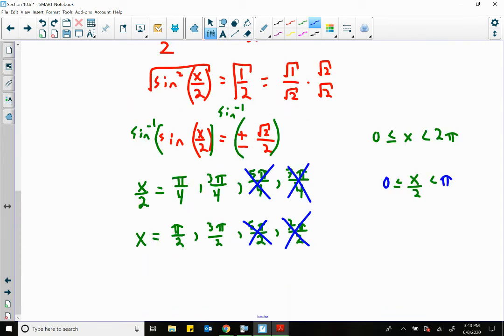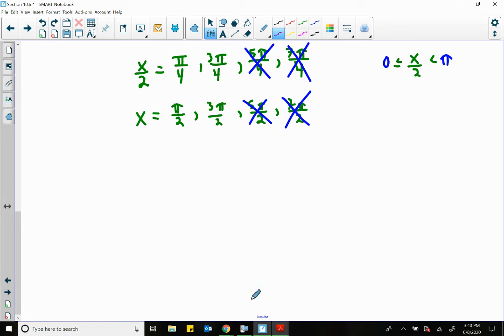So we do need to check and make sure that if we plug in sine of pi over 2 divided by 2, is that going to be the same thing as cosine of pi over 2 divided by 2?